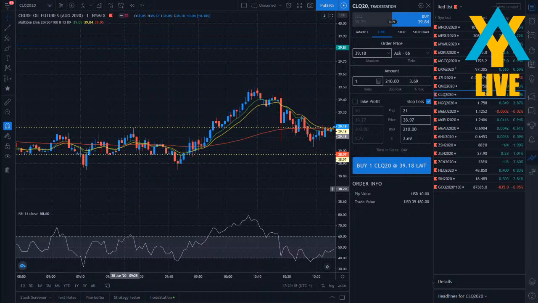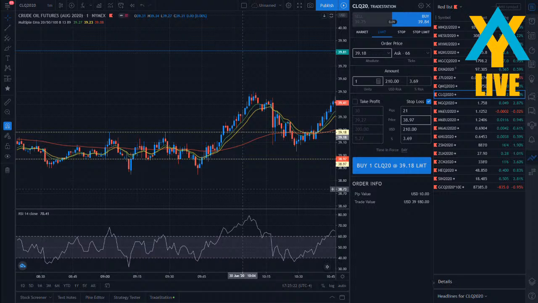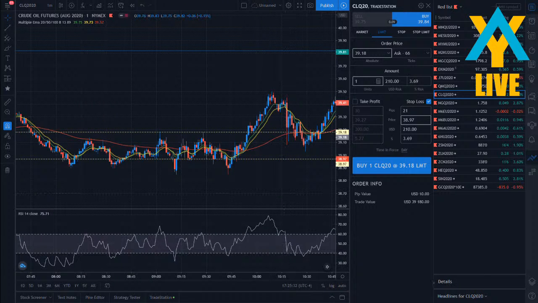So today I started off the day taking an opening breakout trade on crude oil, one of the most expensive assets to trade, and one of the riskiest, right? This is the same asset, if you remember, a few weeks ago, that went negative and just blew everybody's minds away completely.